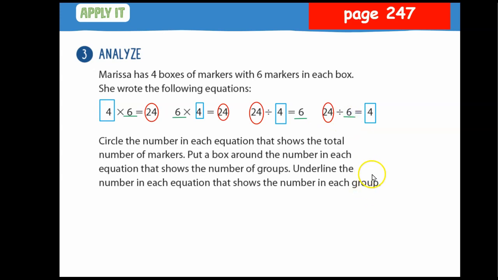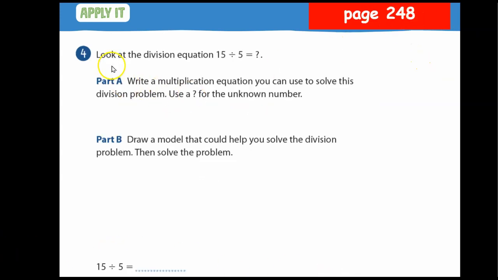So you should have something like this. On page 248, it says look at the division equation, 15 divided by 5. Write a multiplication equation you can use to solve this division problem. Use the question mark as the unknown number. So what would be my multiplication equation for 15 divided by 5 equals question mark? Anybody?